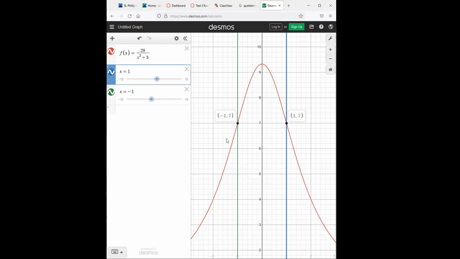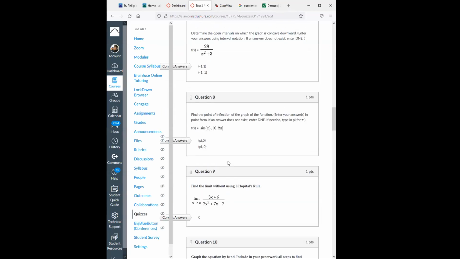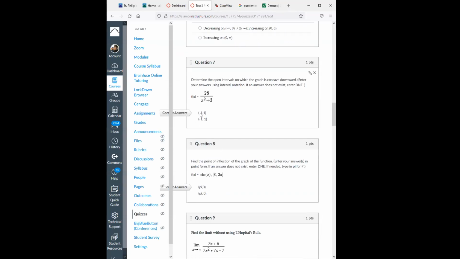So -infinity to -1, concave up. 1 to infinity, concave up. In the middle, -1 to 1 is concave down. So visually, we can answer the question right away, right? -1 to 1.